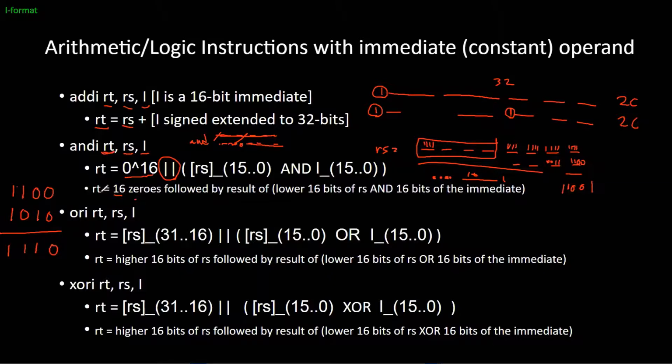So what you can see here is that whenever you have a 1, you're always going to get 1. But the interesting thing is whenever you are doing an OR with a 0, you can think of it in a different way. Right now, if I tell you you are doing an OR with a 0, what is the answer? Your mindset is probably that it depends on the other one. If the other one is 1, we're going to get a 1. If the other one is a 0, we're going to get a 0.